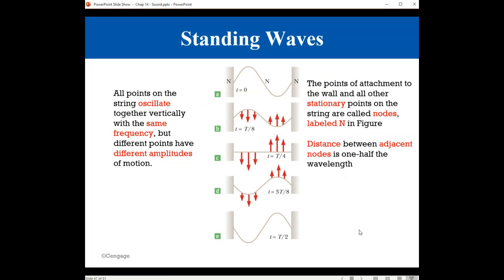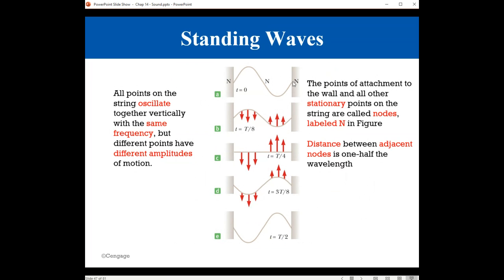The molecules in the string will be oscillating up and down with the wave, while the sound on the string will be propagating along the string. The points of attachments to the wall and all other stationary points are called nodes.